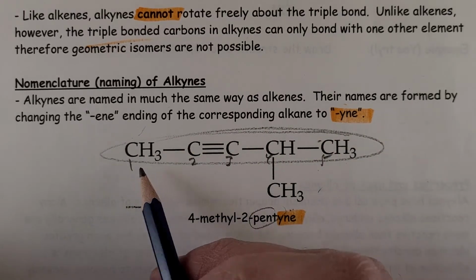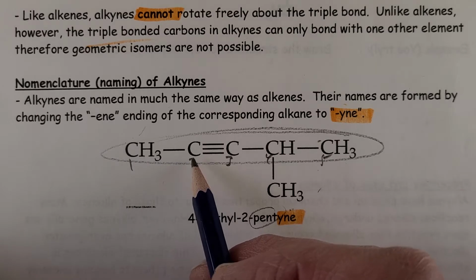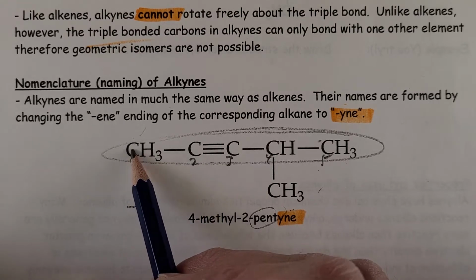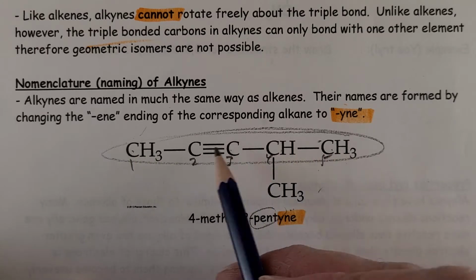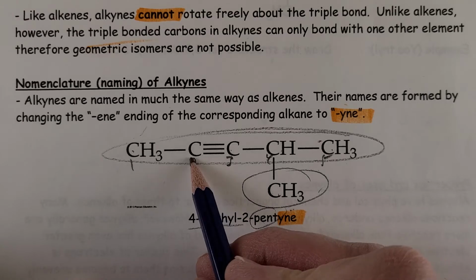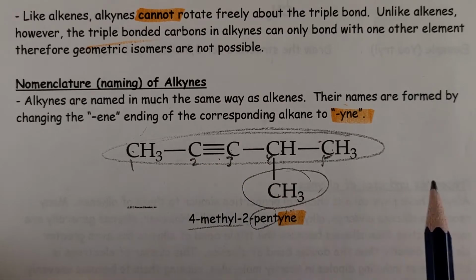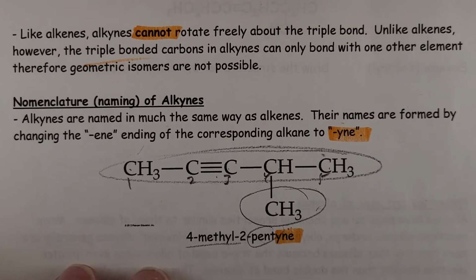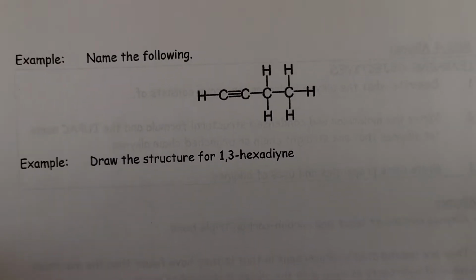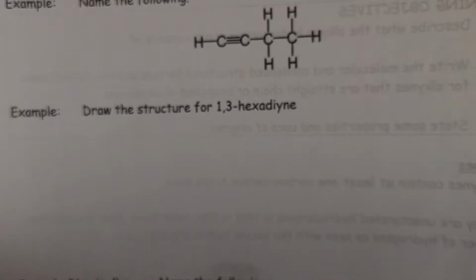And again, you can see we number it in such a way that we get to the triple bond the quickest. So I had number 1, 2, 3 versus 1, 2, 3. So at position 4, I have a methyl group. And then at position 2 is the beginning of that triple bond. So 4-methyl-2-pentyne. So as we'll see, very similar to how we name alkenes.